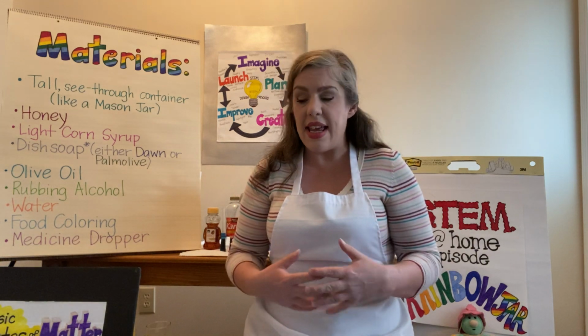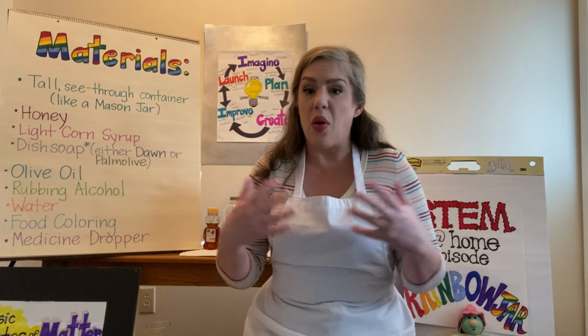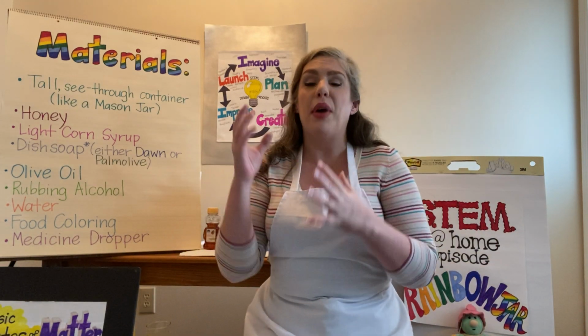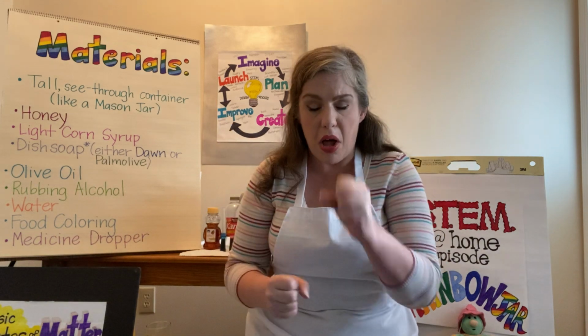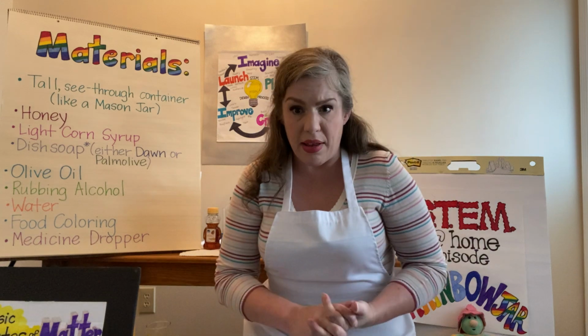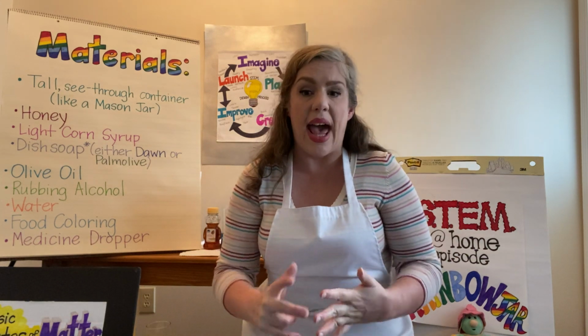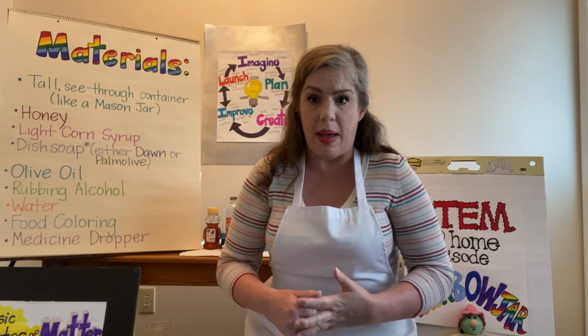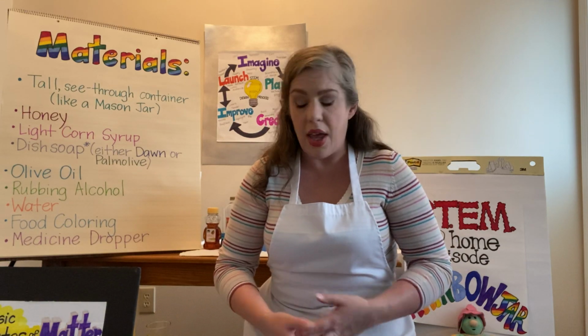So all of these items or living creatures, if you would break them down to their smallest teeny tiny bits, those would be atoms and molecules. So atoms and molecules are those teeny tiny particles that make up everything on Earth.